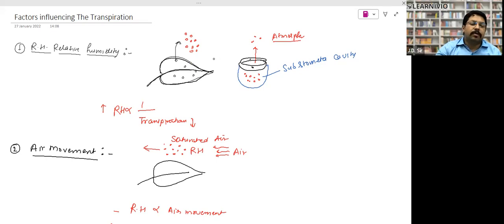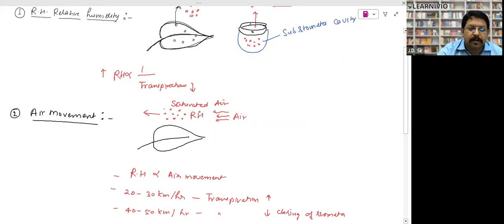If relative humidity is less, then transpiration will be more. Quite easy. Got it? Yes, sir.